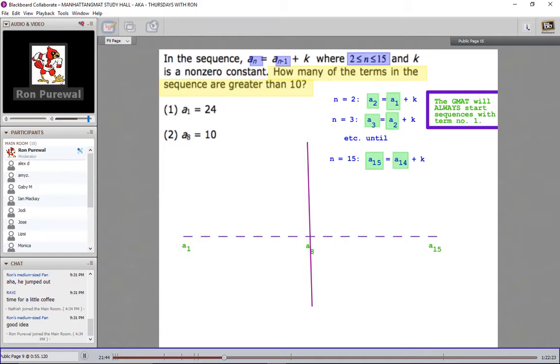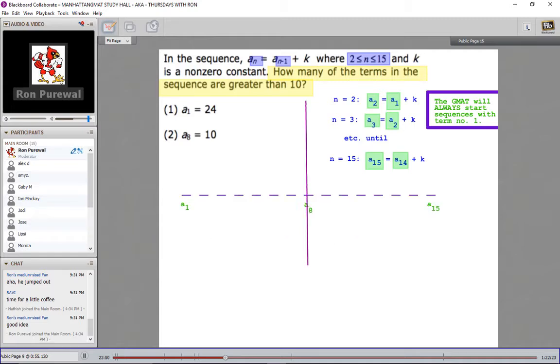Sorry about that. You got booted off the internet for a second there. The goal is to figure out how many of these blanks are greater than 10. The goal is not to find the actual numbers in the blanks.